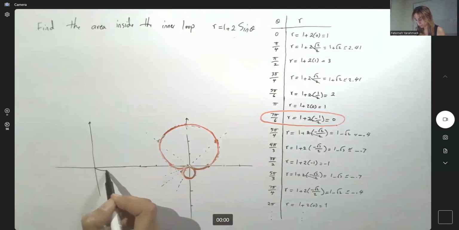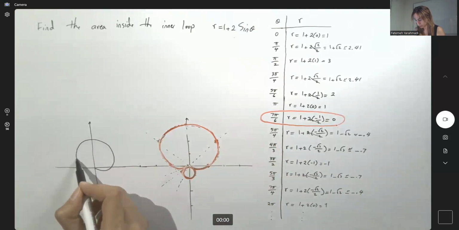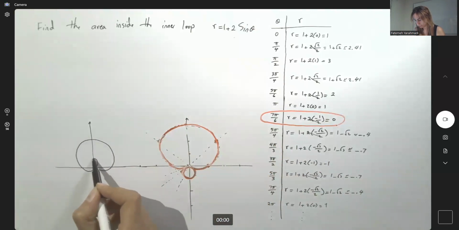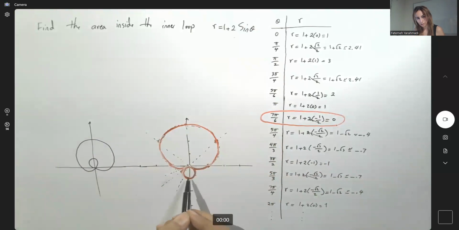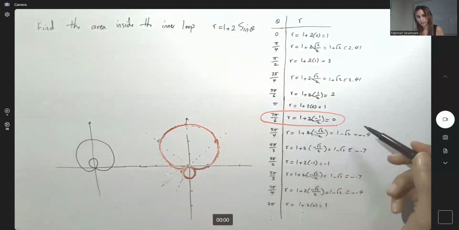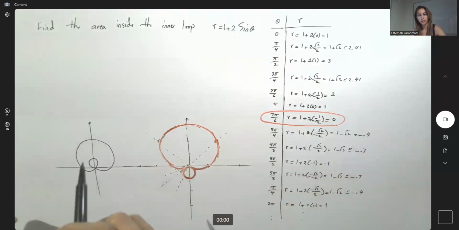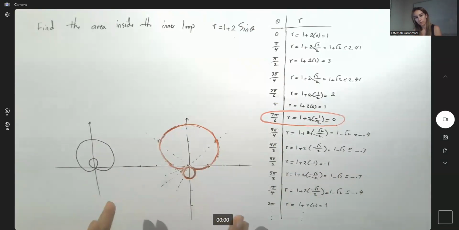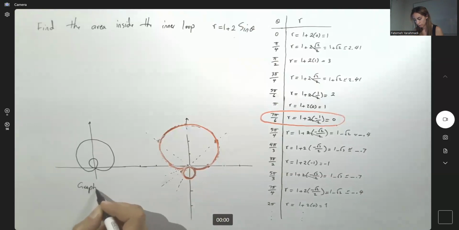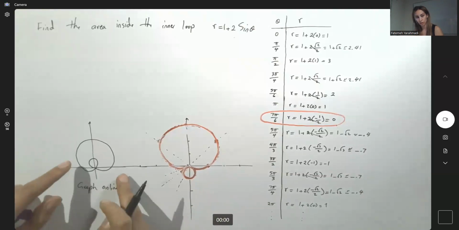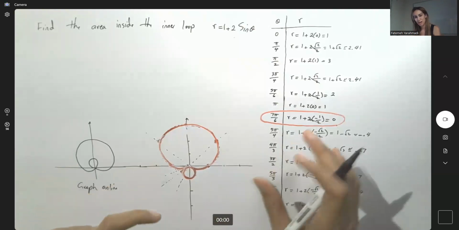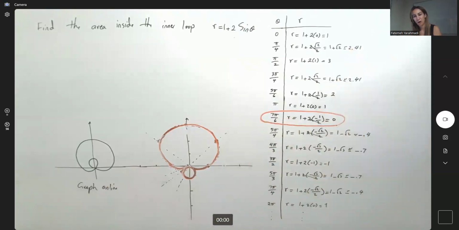They flip this inner loop up because you have a negative radius, so we look at the reflection. But basically, this is the way that you graph it, and eventually you flip it. This is how we actually graph this object.